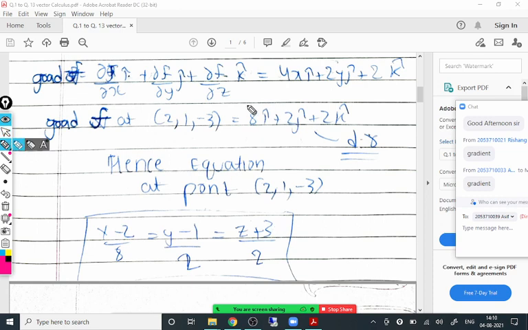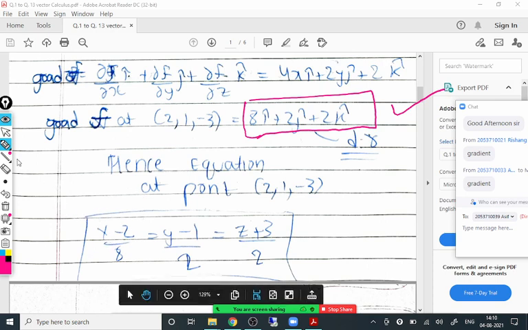Yes, this is a vector which is normal to the surface, but that's not the final answer. We want the equation of that straight line. For the equation of a straight line we use the point and direction ratios form.